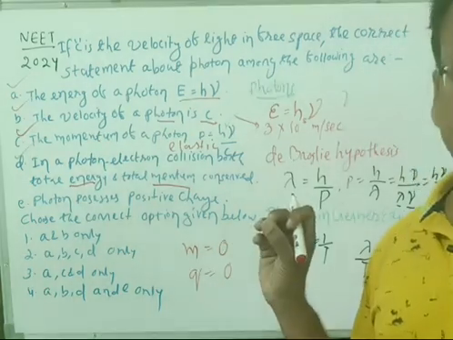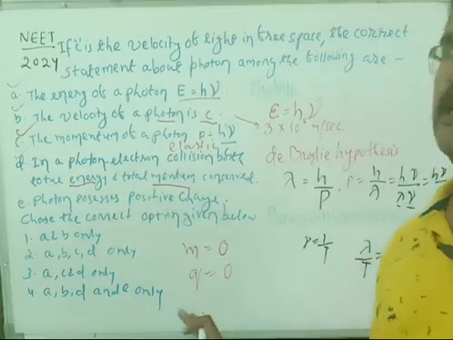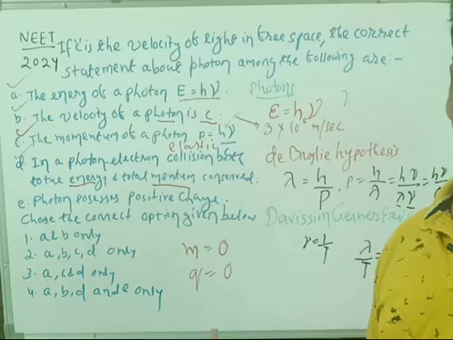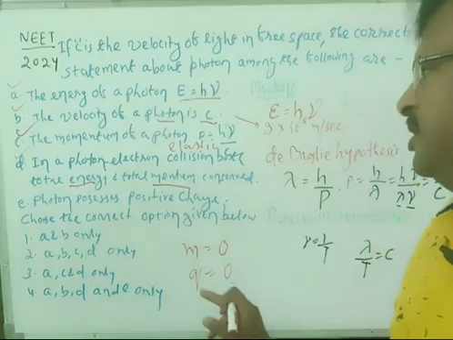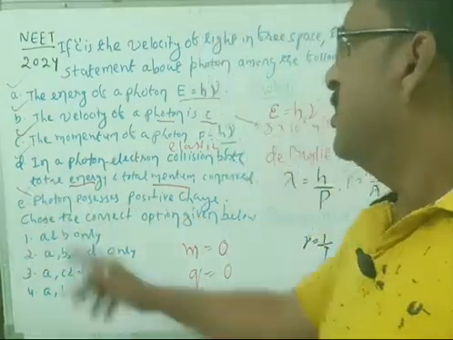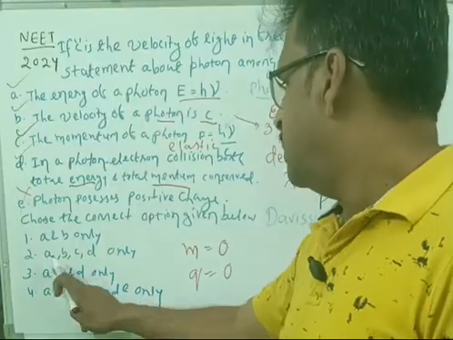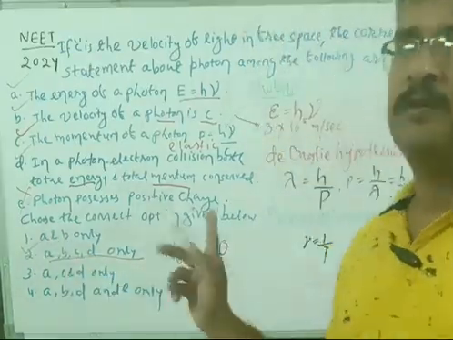But the net charge on it is absolutely zero. There is no charge, neither positive charge nor negative charge. So it is a chargeless or neutral particle, photon. So photon possesses positive charge: this is incorrect, students. So A, B, C, D are correct. So this is given in option 2. So option 2 will be correct, student, for this question.